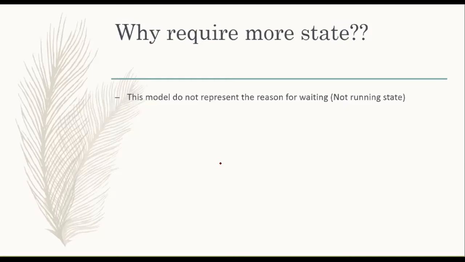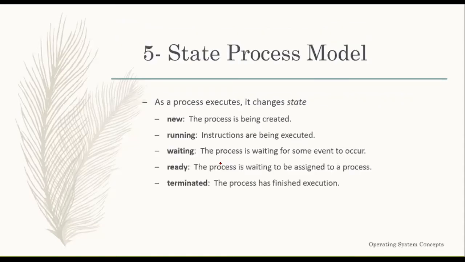Hence, we can divide that not running state into multiple states, and this becomes the basis for our next model, that is the five-state model, where the process moves through multiple states.